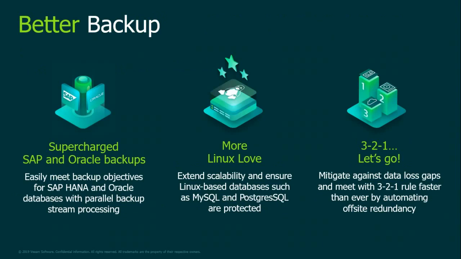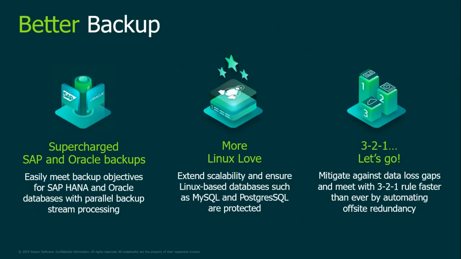Now, other than those three main features, what are other features? You know that we do a physical backup also. So for Oracle and SAP HANA, there are some enhancements being done at that level also. So we have included a couple of new features called parallel processing.